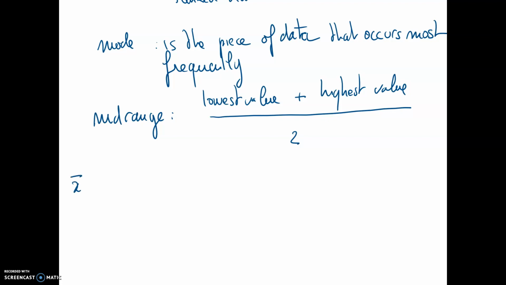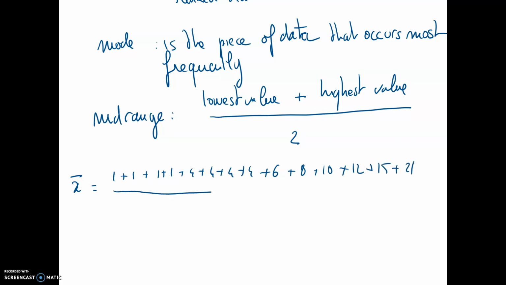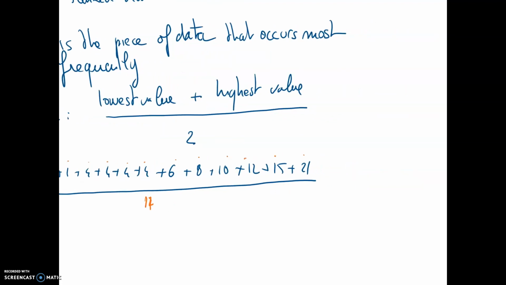So the mean is going to be 1 plus 1 plus 1 plus 1 plus 4 plus 4 plus 4 plus 4 plus 6 plus 8 plus 10 plus 12 plus 15 and plus 21, and I divide all of this by the number of data, 14. I find a mean equal to 6.